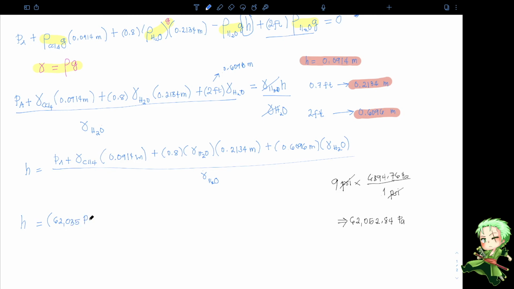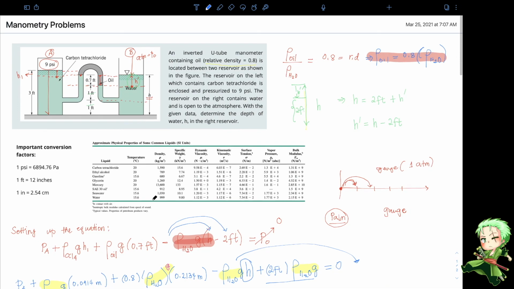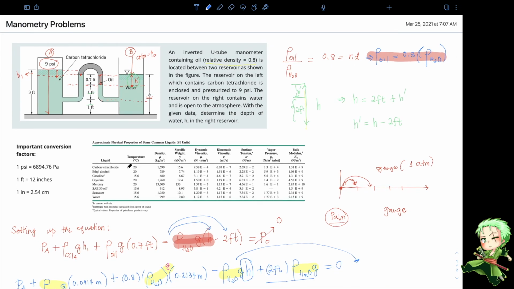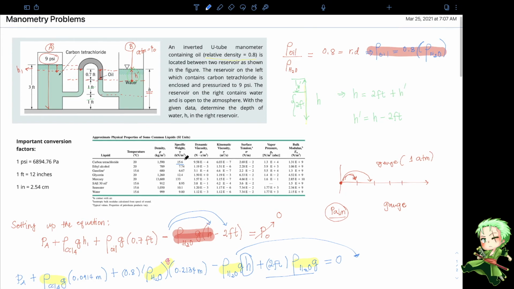PA is just newtons per square meter, plus the specific weight of carbon tetrachloride from this table, which is 15.6. Take note that is kilonewtons, meaning 15.6 times 10 to the 3 newtons per cubic meter.